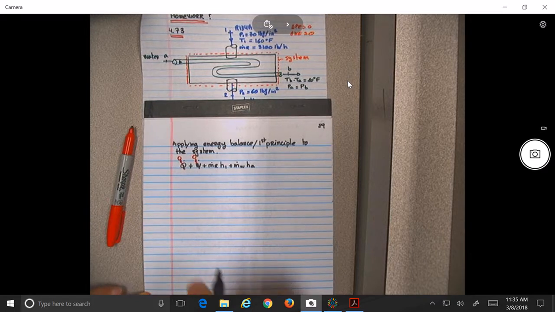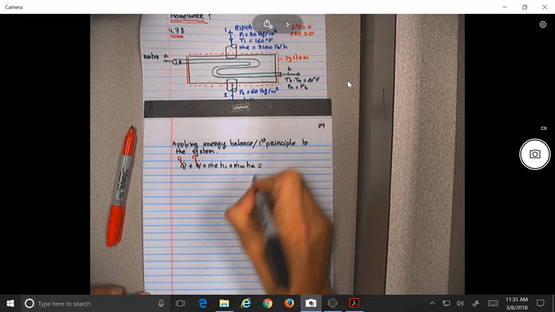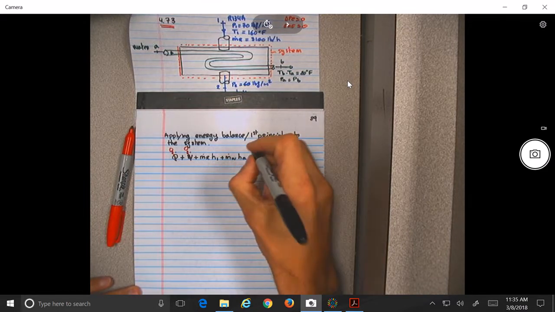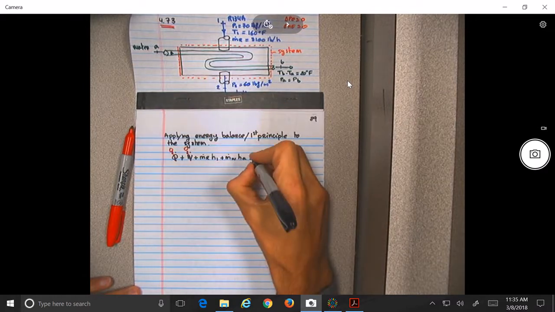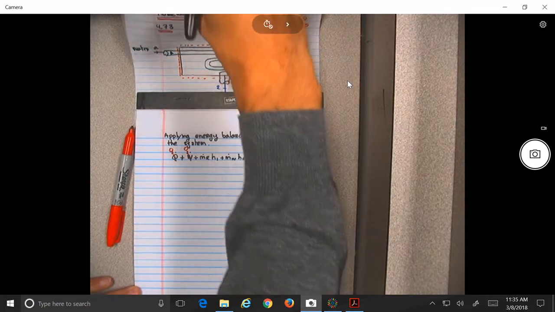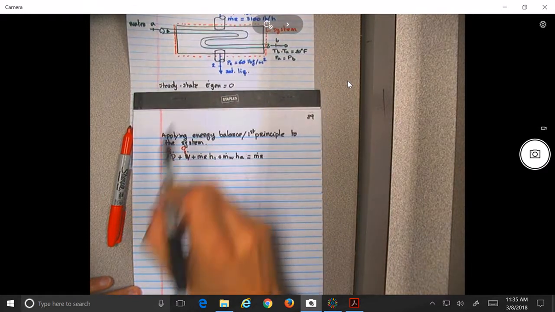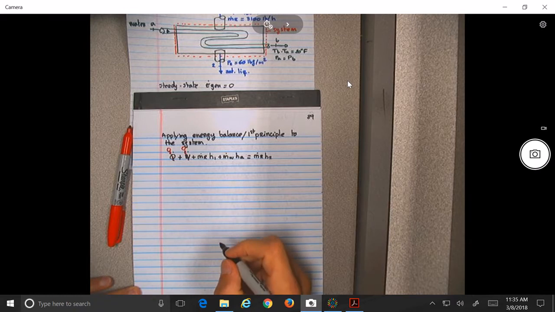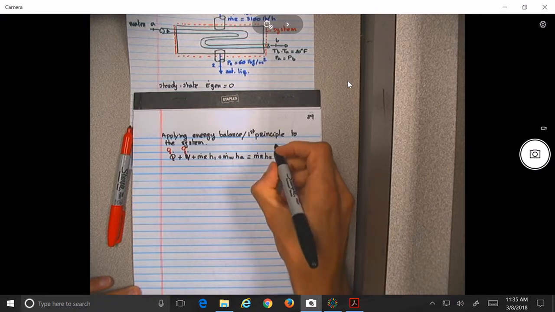Okay, now that's equal to whatever is coming out. So what is coming out? Refrigerant, M sub R, times H2. And what else is coming out?